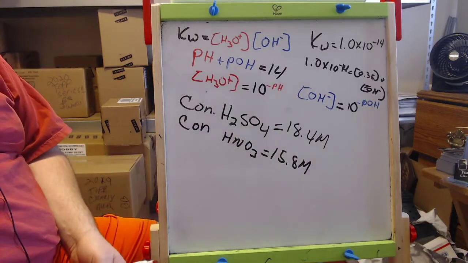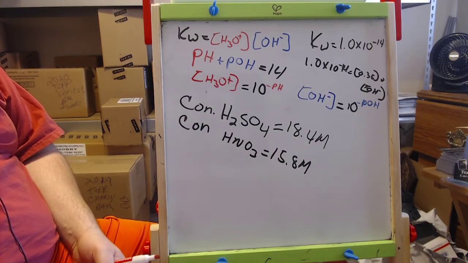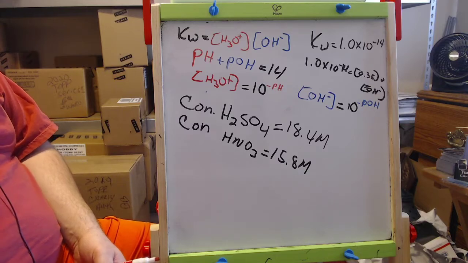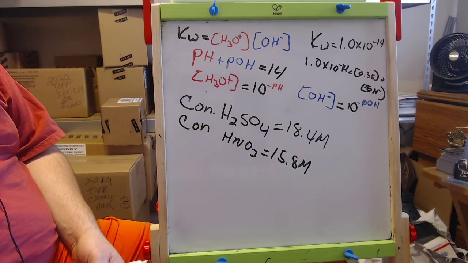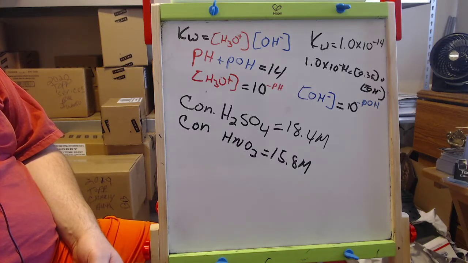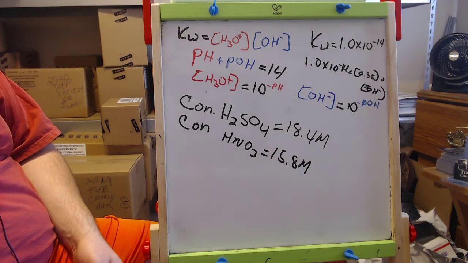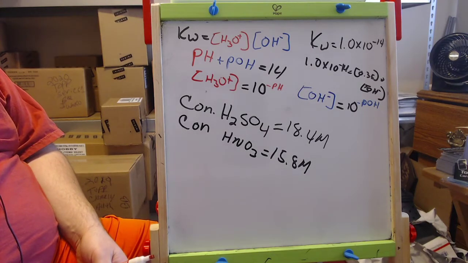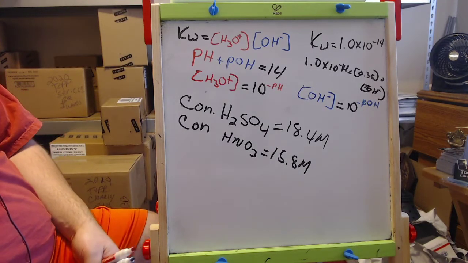I wanted to get the exact. I always remember it as 16, but I knew it's not 16. It's 15.8. So if we take, and it's a strong acid, if I take the log of 15.8, the pH actually ends up being -1.2-ish.